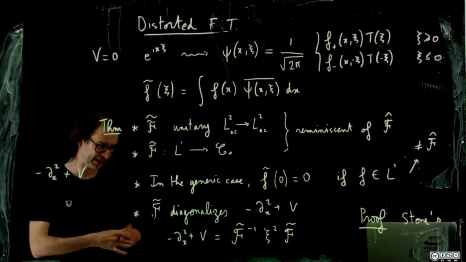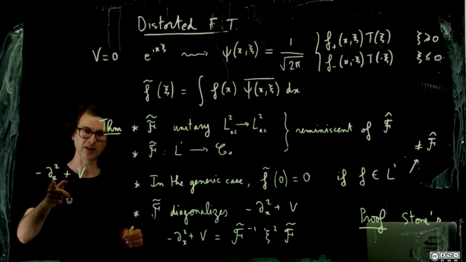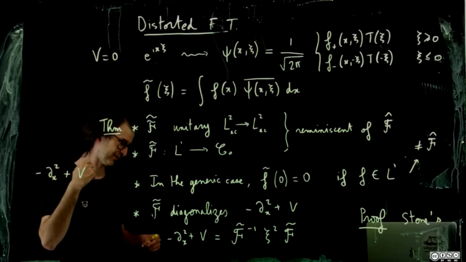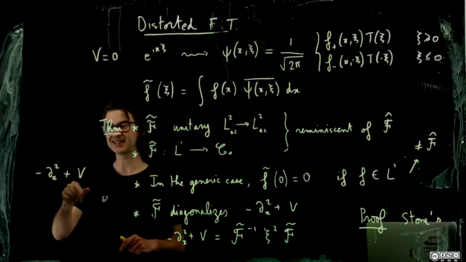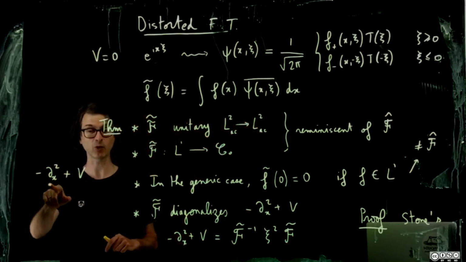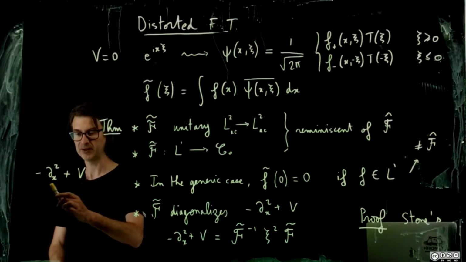So now, scaling-wise, what does it mean? Well, minus dx squared is like two derivatives in x, obviously, and it scales like 1 over x squared, right?